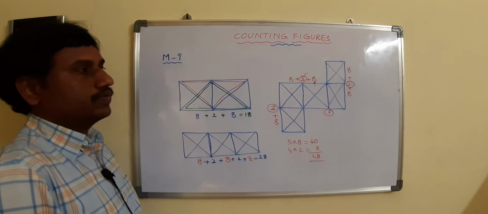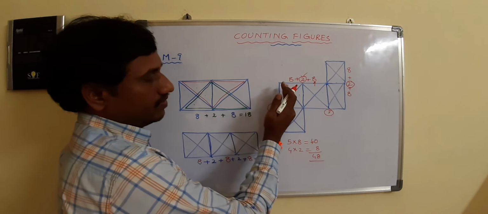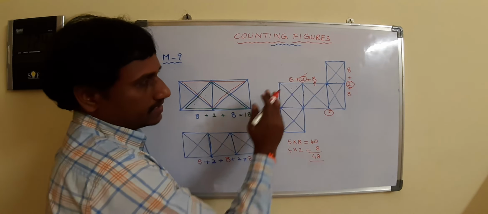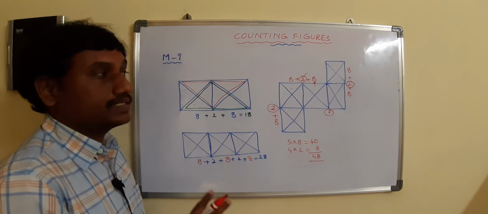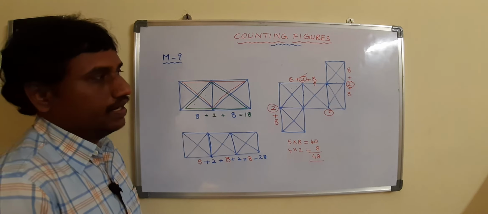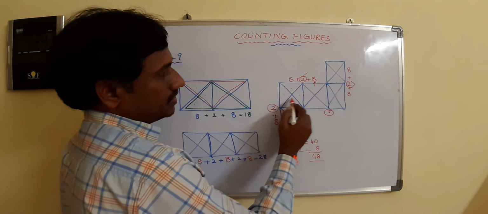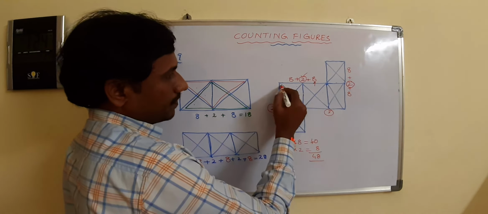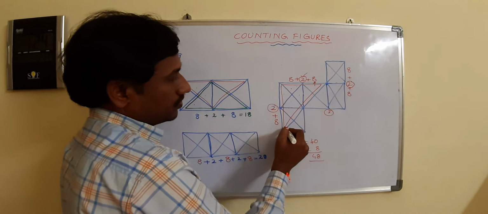Whenever you are having a larger number of squares in combination, first you have to go for the individual square, like 8. Next, the combination of 2 squares. Next you have to check for the combination of 3 squares. Is there any possibility of a triangle with 3 squares together? Just observe here, if I take these 3 squares, from here to here, I am having one more triangle.